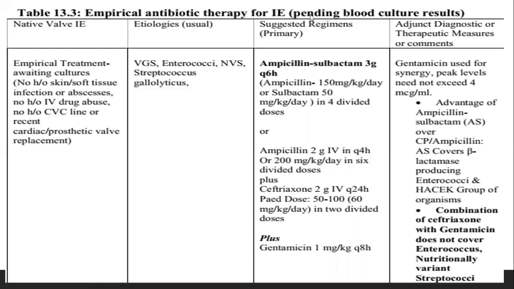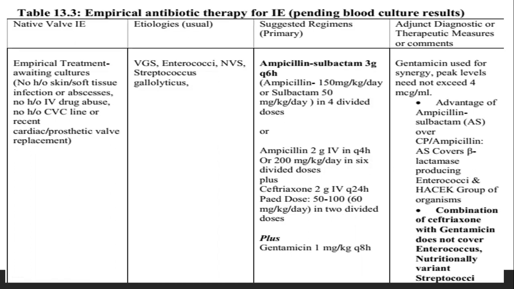This is the 2019 antimicrobial stewardship program, Indian guidelines on treating infective endocarditis. In infective endocarditis, remember 2 terms. Infective endocarditis can occur in a normal valve, or native valve, and it can occur in a prosthetic valve, the valve replaced.